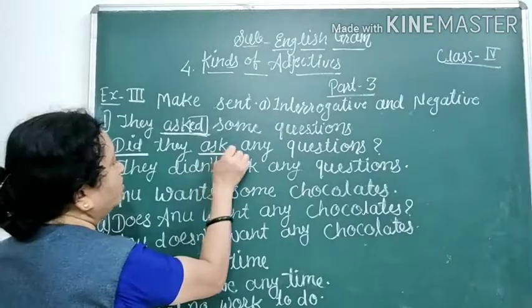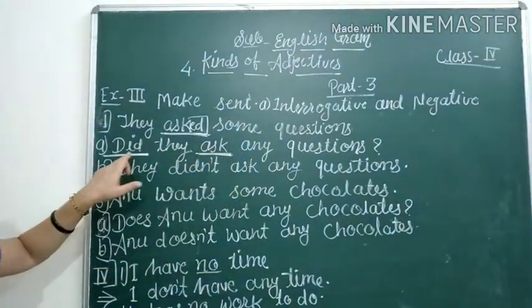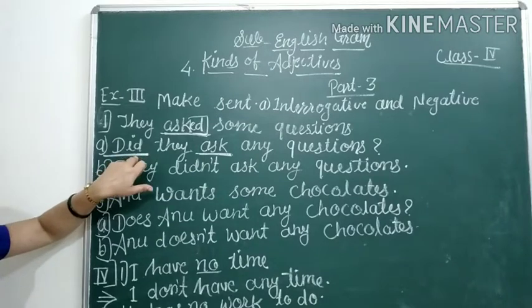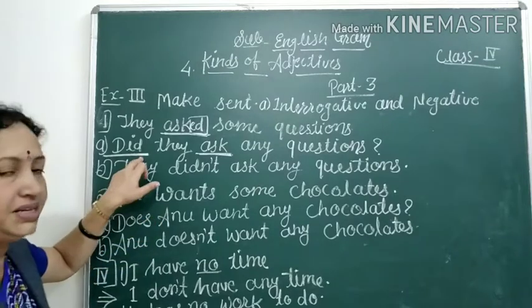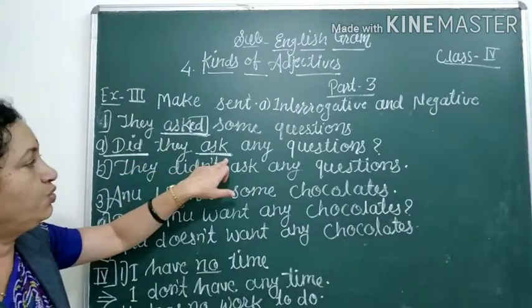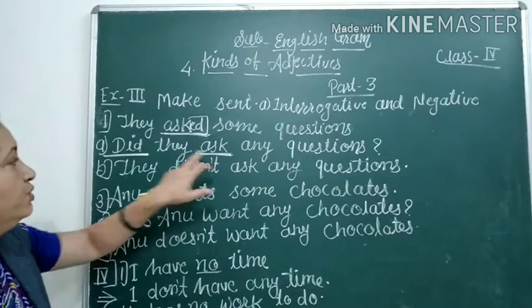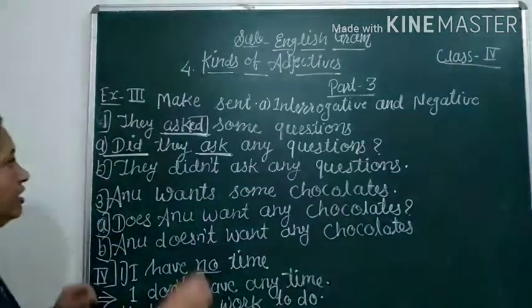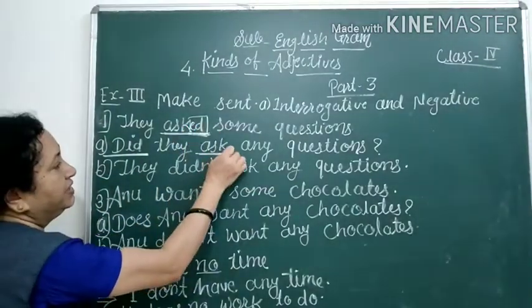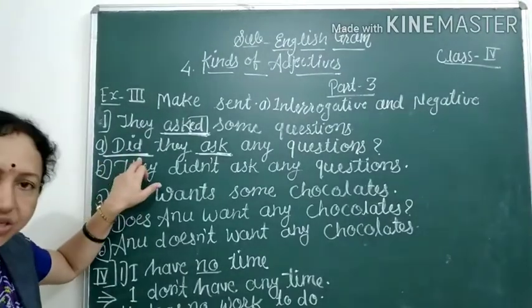Ask. Don't use ed again here, because we already use the past tense word did. Whenever we are using did, don't use ed in that word. So, did they ask any questions? We avoid this ed whenever we use did, because we already use did.